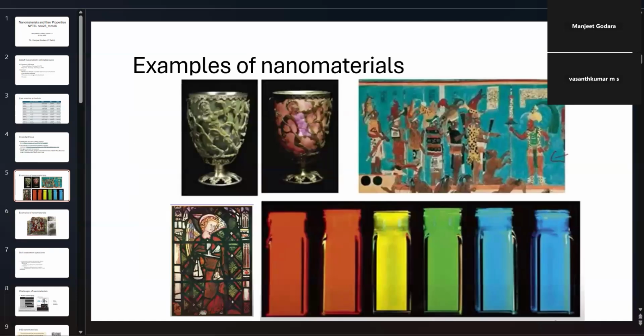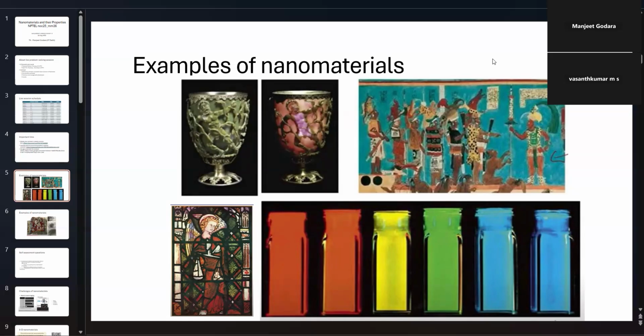So again, the lectures this week were also introductory. Historically, people have unknowingly been using nanomaterials. Like on the left, you can see this cup. If you see it normally lit from the outside, you see a greenish color.